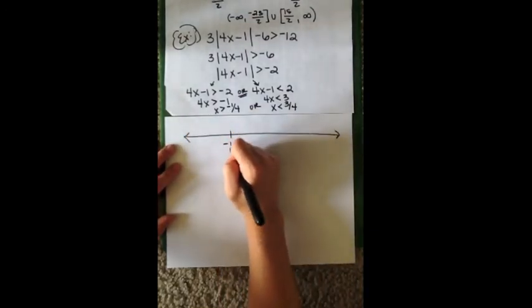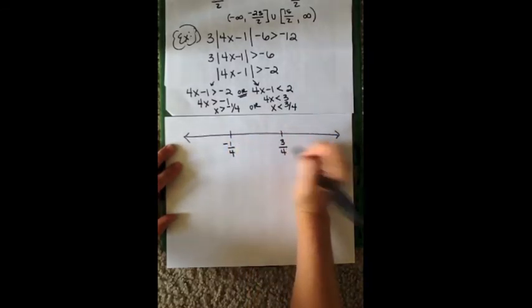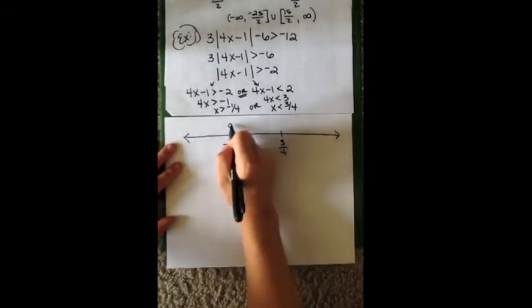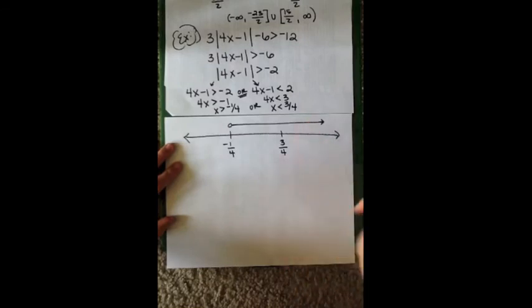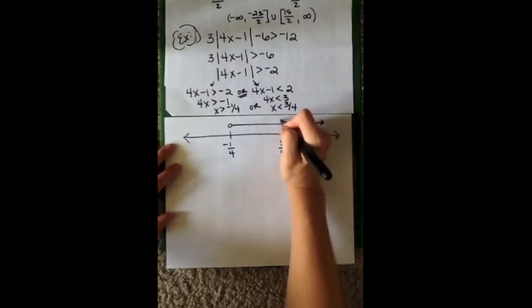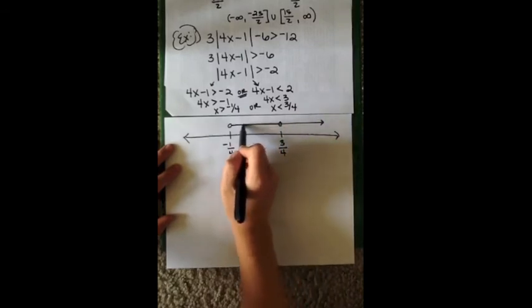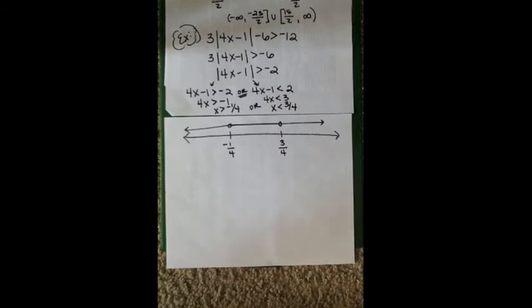Here's negative 1/4. Here's 3/4. If it's greater than negative 1/4, so it's here, and it's going to the right. If it's less than 3/4, that means that it's here, and going to the left. Uh-oh, that looks a little bit different.